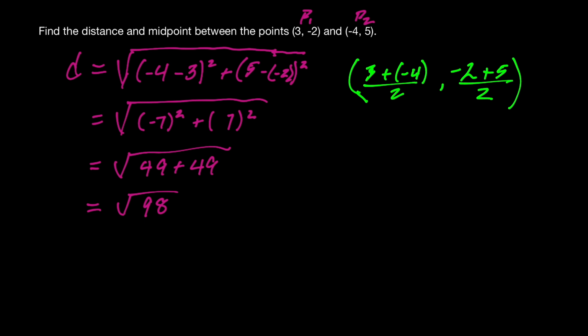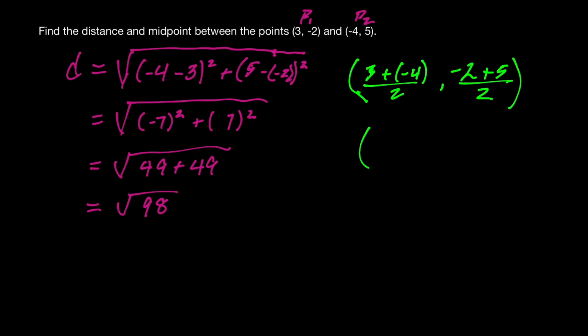Again, the 3 is my x sub 1, this negative 4 is my x sub 2, this negative 2 is my y sub 1, and this 5 is my y sub 2. So we're just taking the average of those.